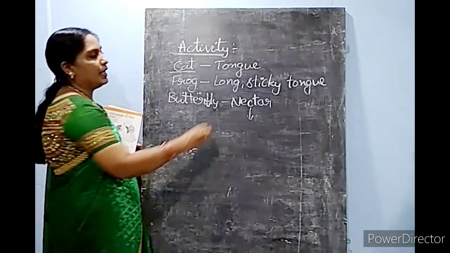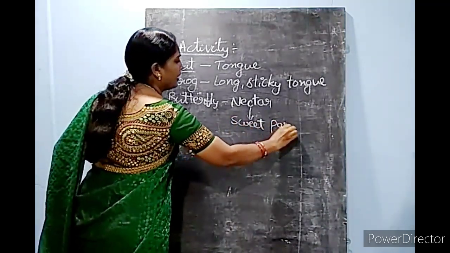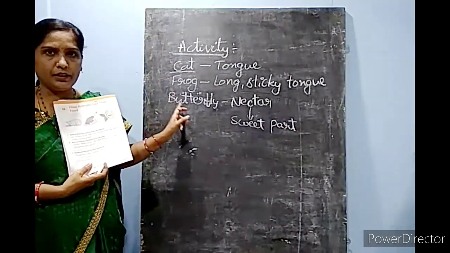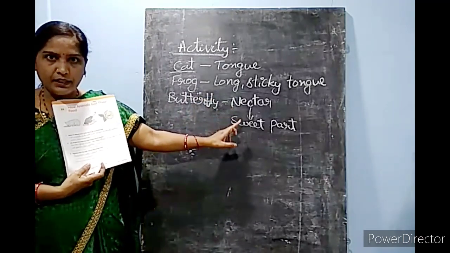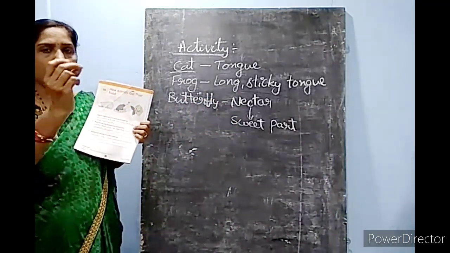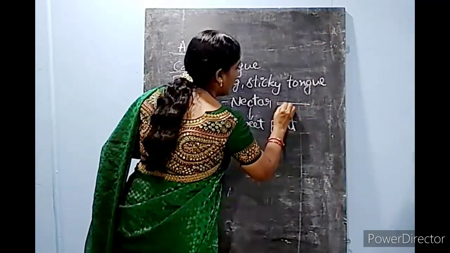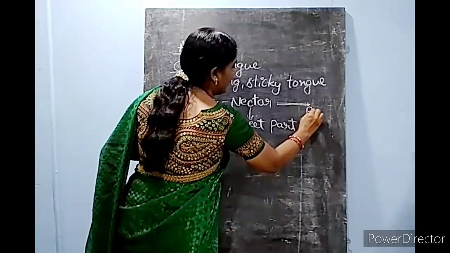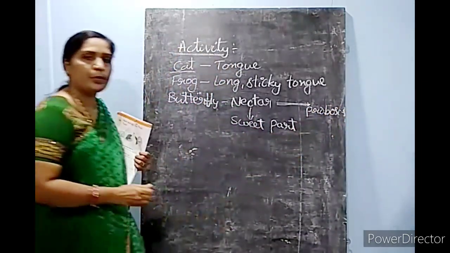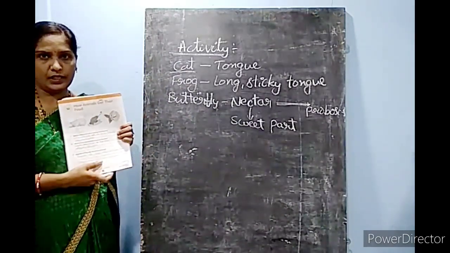The sweet part present in flowers is known as nectar. Then how does the butterfly suck this nectar? By using a long straw-like part known as the proboscis. By using this proboscis, the butterfly sucks nectar from flowers.